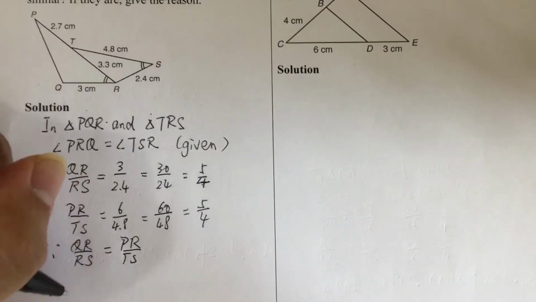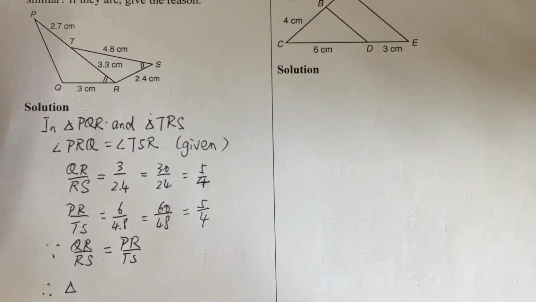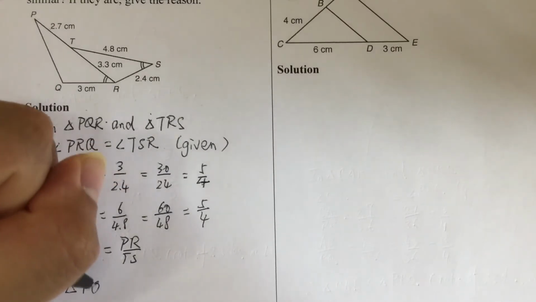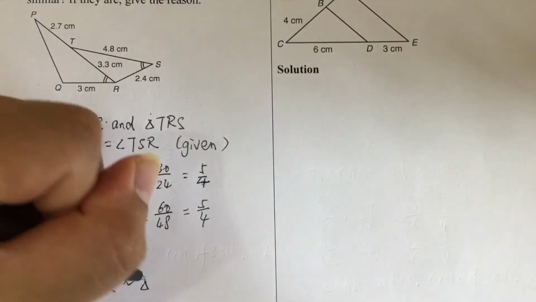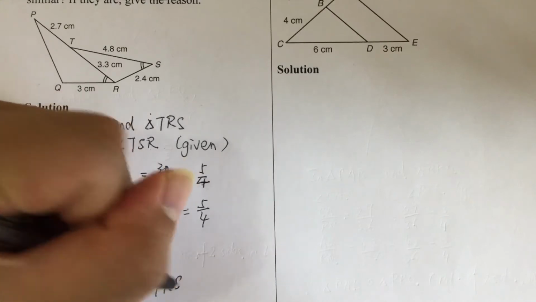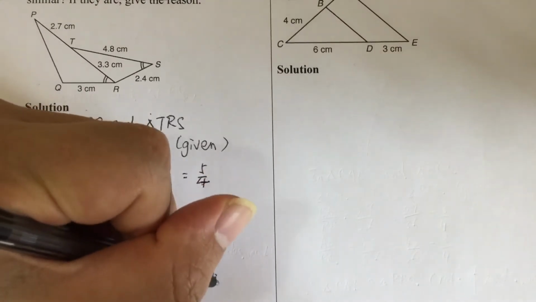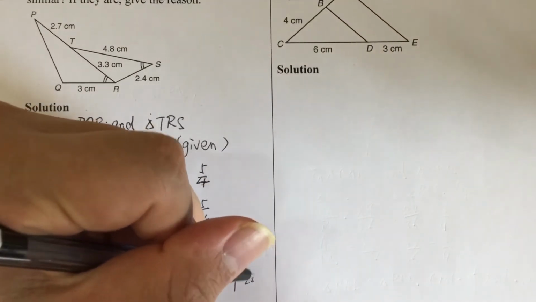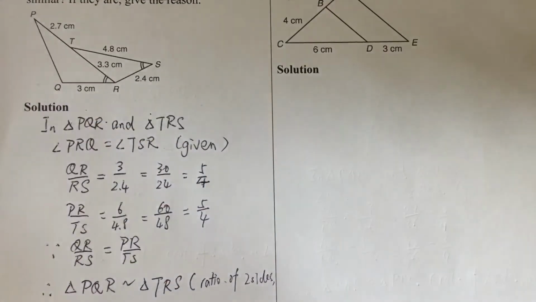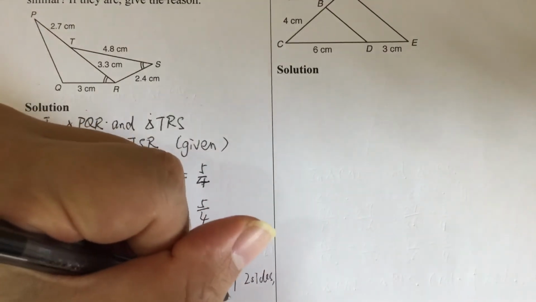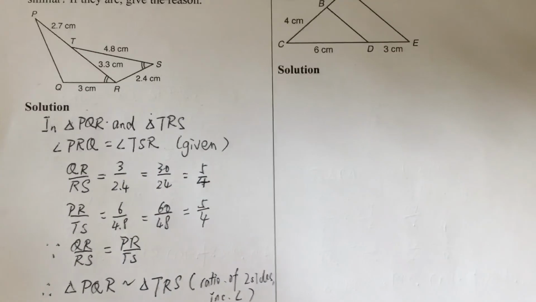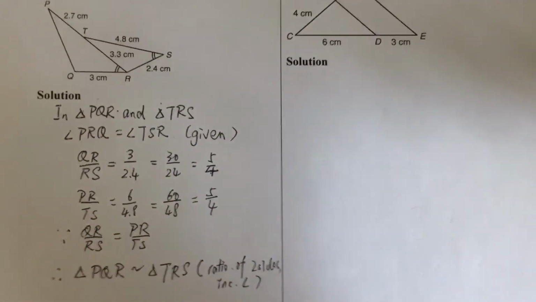Triangle PQR is similar to triangle TRS. Ratio of two sides, included angle. Okay, so this is the answer of teaching example 9.22.